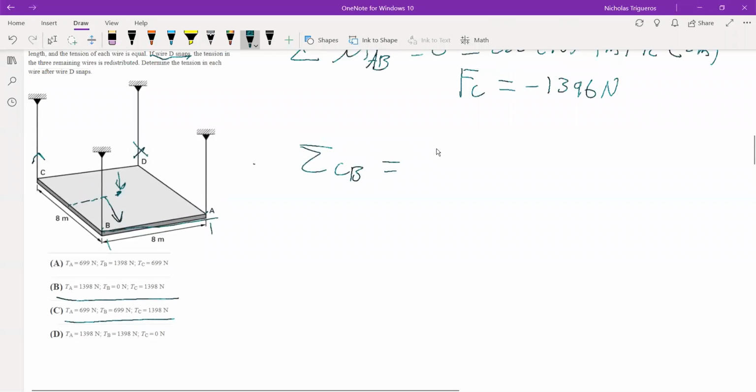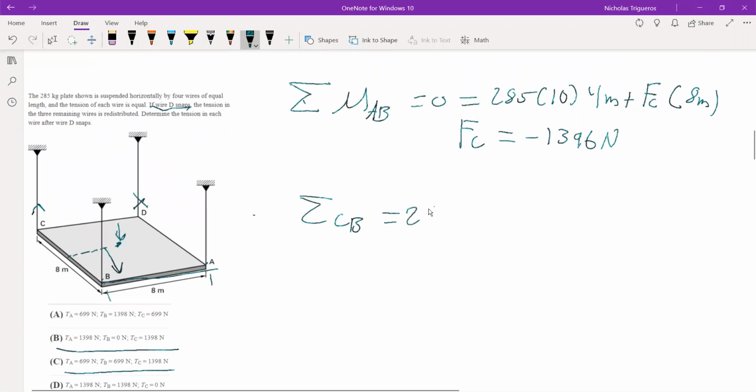Well, we're going to have the same number from here, 285 times gravity times 4. And now we're going to have plus FB times 8. Or FA, sorry, not FB, FA. Okay, yeah.